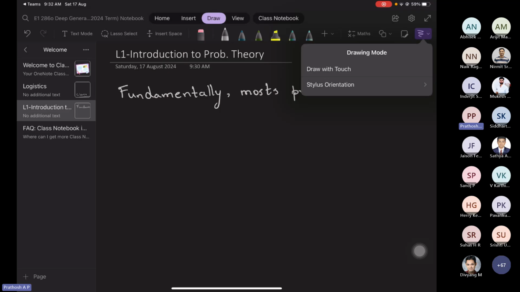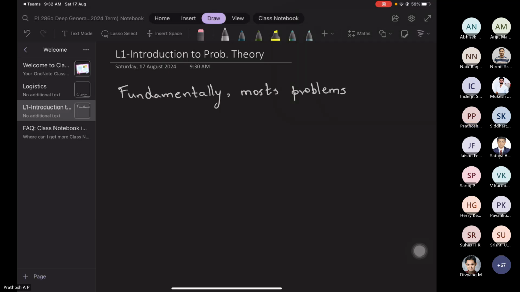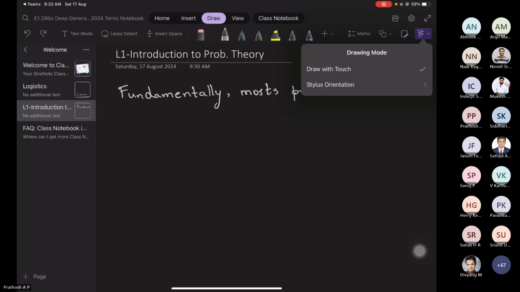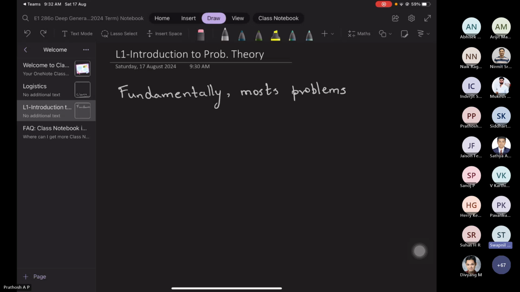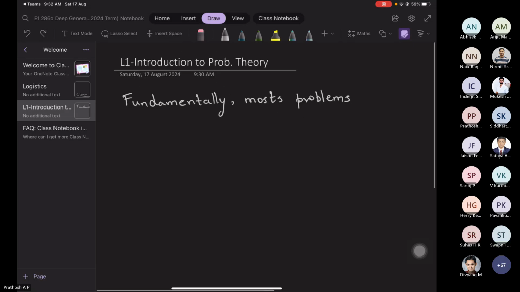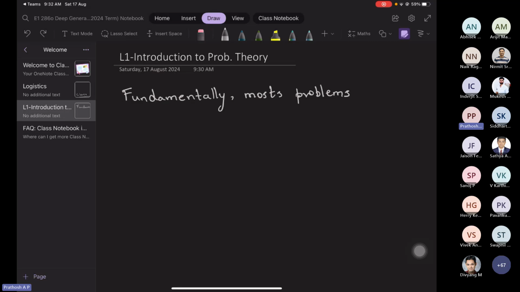Use this. You can enable the second last option right next to drawing mode. This one? Yes. That will allow only the pencil to write. It's palm reject. Oh, great. Thank you. It should be there, but I don't know where it is.